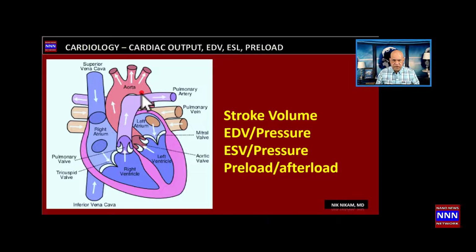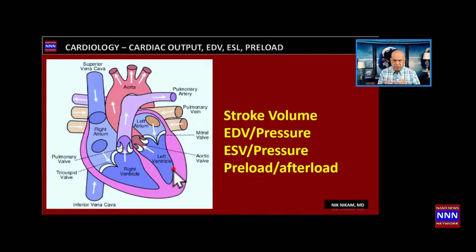Or if the patient has severe vasoconstriction, that can lead to increased peripheral resistance or systemic vascular resistance, as it is called, and it makes it harder for the ventricle to push the blood forward. As a result, either it can hypertrophy, like in patients with hypertension, or it can just dilate in patients with congestive heart failure because of increased systemic resistance or peripheral vascular resistance.